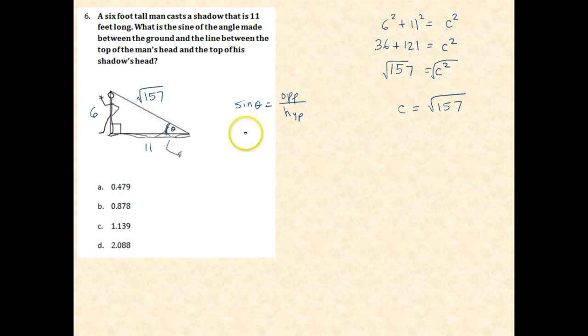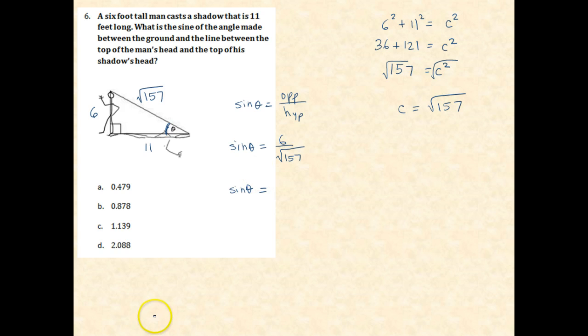So sine of theta, we're back to finding out what is the sine of this angle, right? Sine of theta is opposite over hypotenuse. So sine of theta is, the opposite side is 6, and the hypotenuse is square root of 157. So now I'm going to go ahead and put that in my calculator.